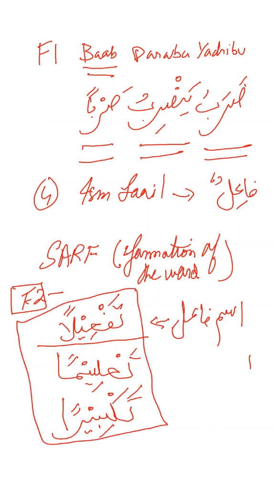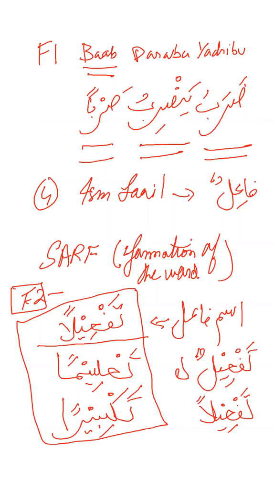They can come as taf'ilun, they can come as taf'ilan. So they can come in as doer, they can come as detail, and they can come as after off.